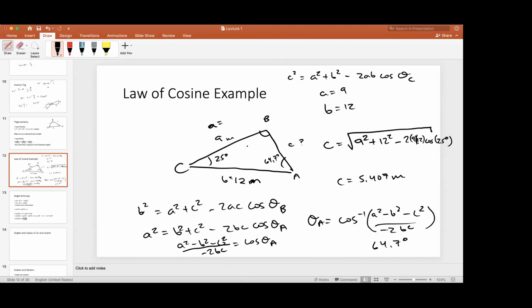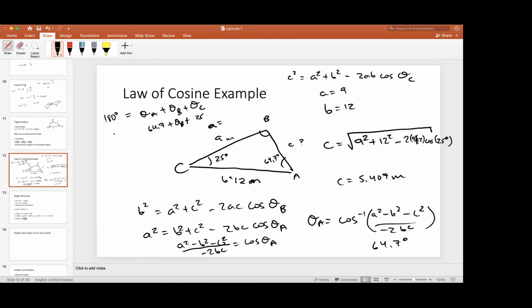And my final angle out of this has to equal what? All the interior angles of a triangle add up to 180 degrees, or pi rads if you have them in rads. Has to be angle A, angle B, and angle C. I know that angle C was 25, and I know that this was 64.7.